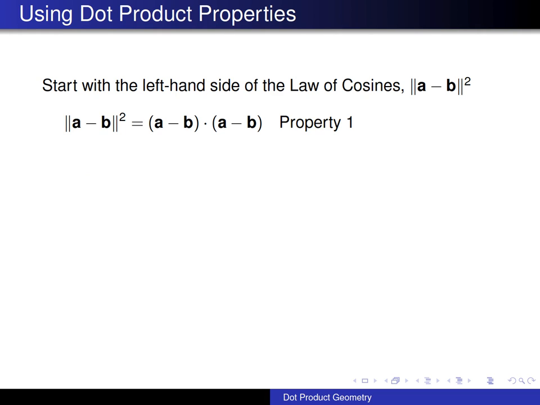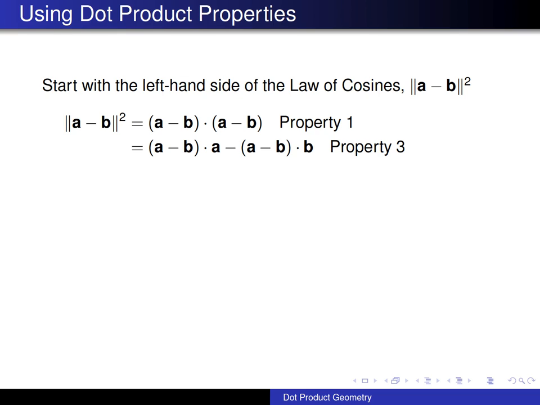I'm going to start with the left-hand side of the law of cosines: the square of the side opposite theta, the magnitude of A minus B, squared. Then I'm going to use property 1, which says that is equal to the vector we're looking at dotted with itself. Then I can use property 3, which looks like a distributive property.